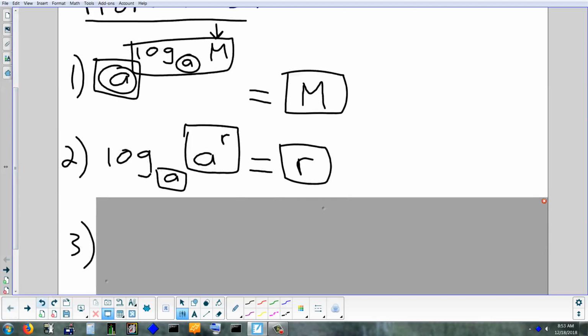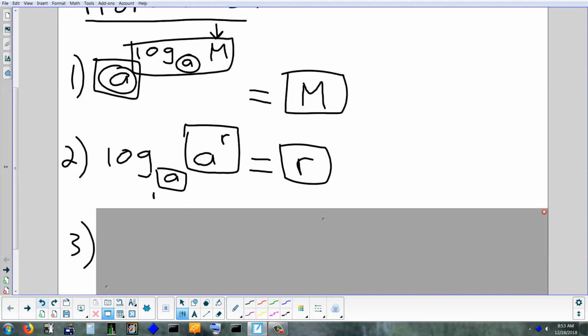Off to the side, I'm just going to write something down that shows why this one's true. What's my base here? A, right here. That's the base, so I'm going to put A. Logarithms always equal what kind of number? Exponent. Logarithms always equal the exponent. So that's my R. I've used the base, I've used the R, and what always ends up by itself on the other side?